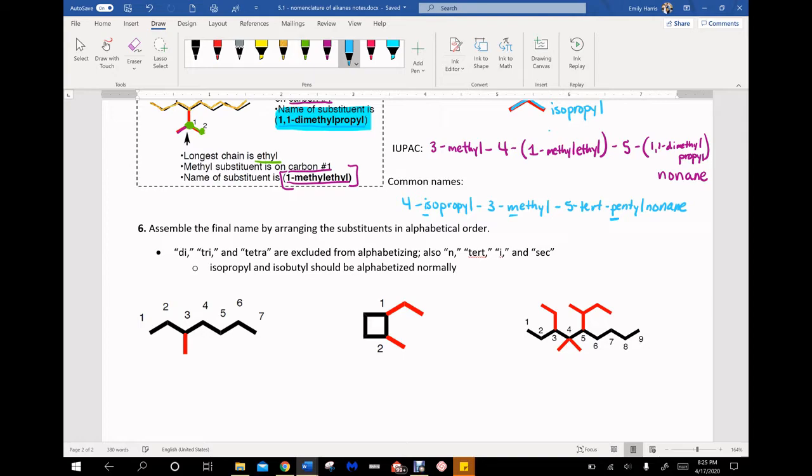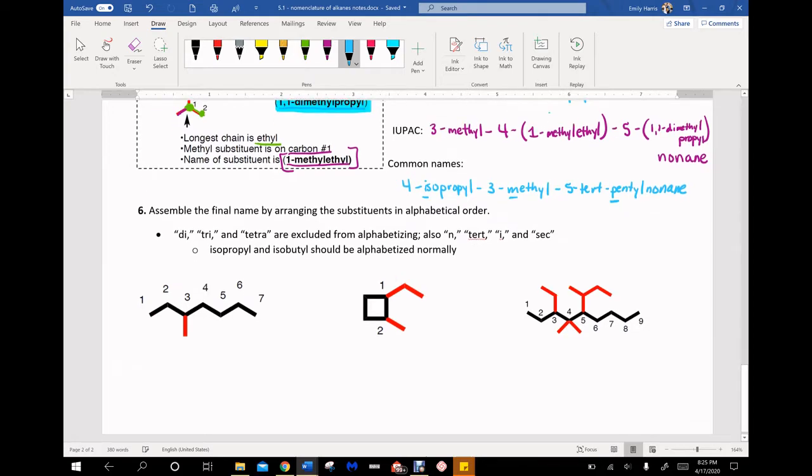So let's look at this one right quick, the 1, 2, 3, 4, 5, 6, 7. Here, we have 1 methyl substituent on the 3rd carbon. So we would say 3-methyl. Then our parent chain is 7 carbons long, so that becomes heptane.